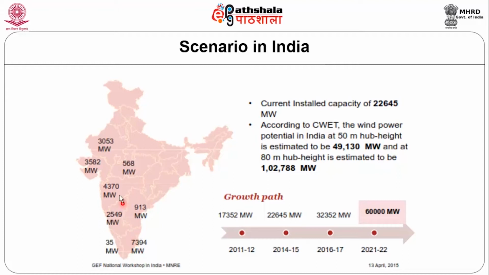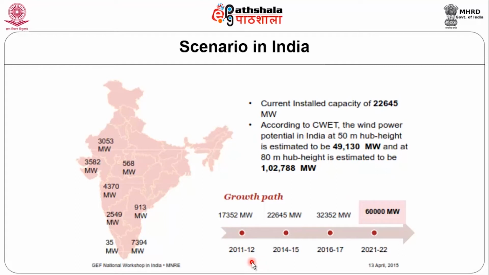It is followed by Rajasthan and Gujarat, which have installed a reasonably good amount of wind turbine generators. Maharashtra is also picking up, and again Karnataka and Madhya Pradesh are picking up in terms of installation of wind energy systems.